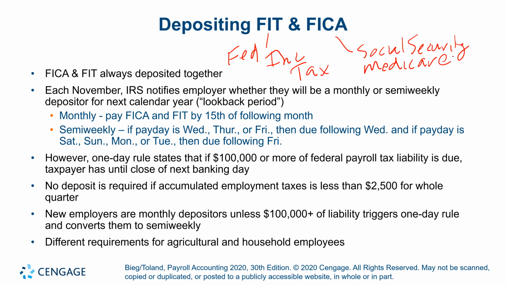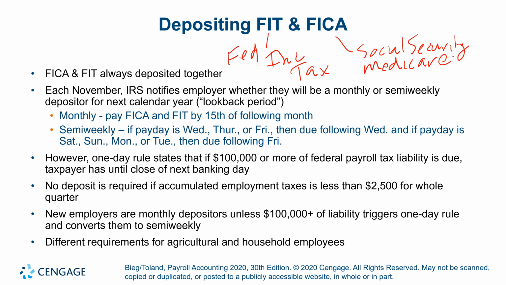So more than 50,000 in the look back period, they have to pay twice a week or semi-weekly. If they report more than 100,000 in the look back period, basically they're on a 1-day rule. They have to pay by the close of the next banking day.